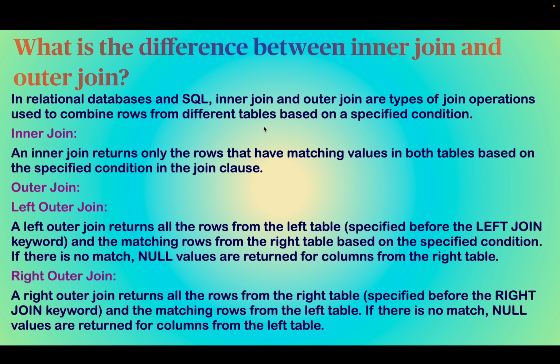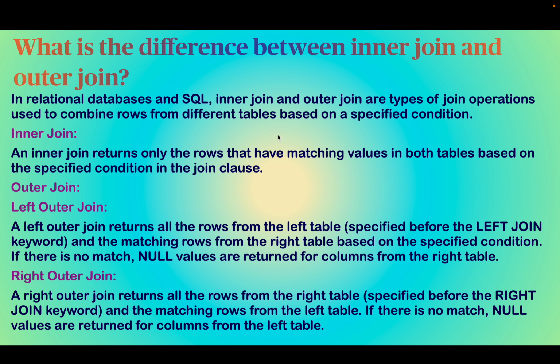So what is an inner join now? Suppose I have two tables and I am trying to join those two tables. It will return only the rows that have matching values in both the tables. If not, it will not return that row.